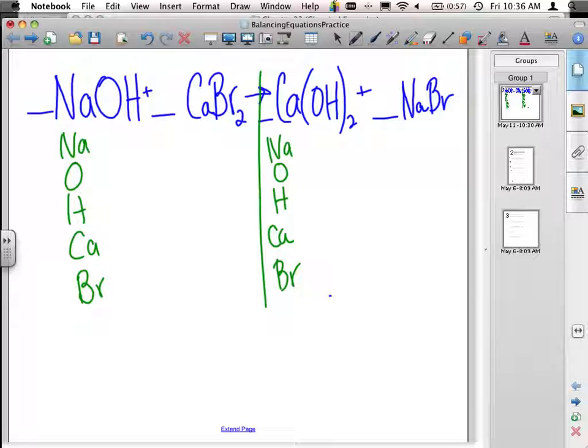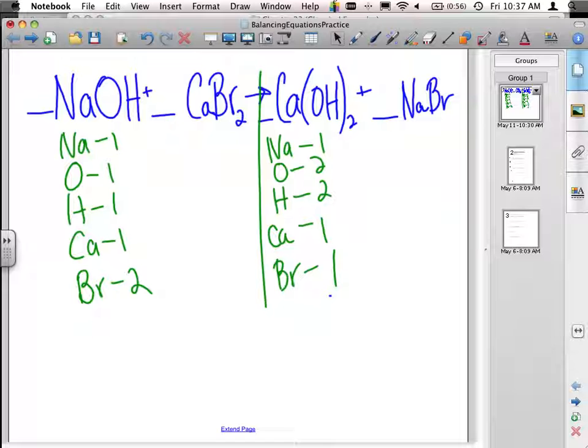So how many sodium? 1. How many oxygen? Hydrogen? Calcium? Bromine? 2. Good. Over here on the product side, sodium? 1. Oxygen? 2. Hydrogen? 2. Calcium? 1. And bromine? Good.